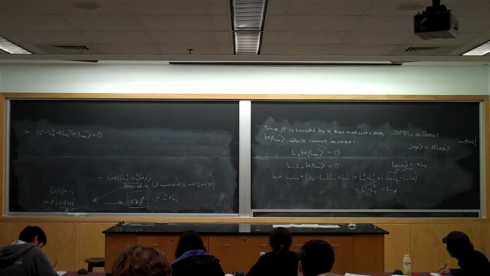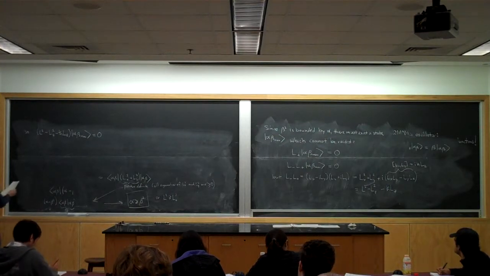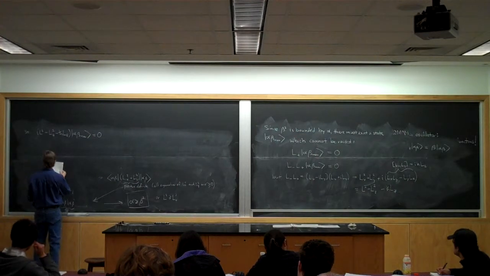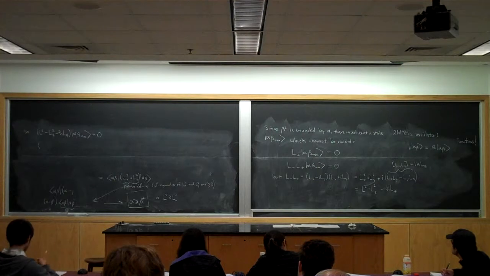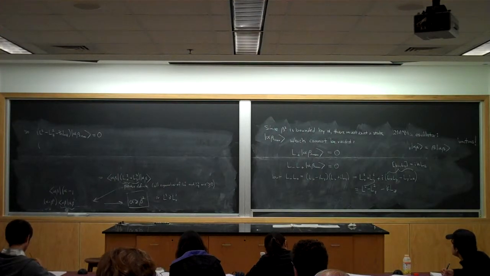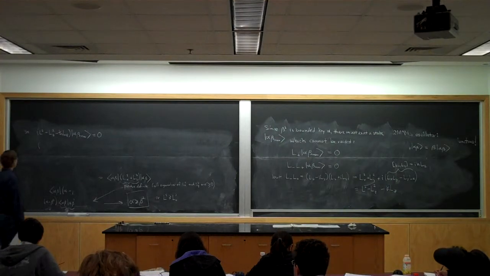But |α, β_max⟩ is an eigenket of all of those three operators. What is L squared applied to |α, β_max⟩? It's α times |α, β_max⟩, because α is the eigenvalue of L squared.